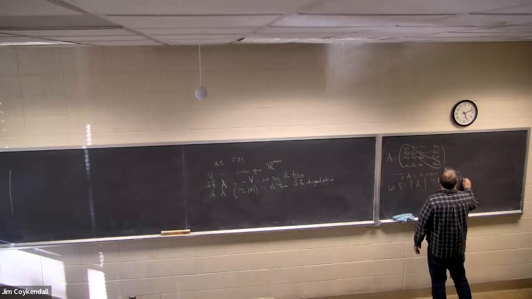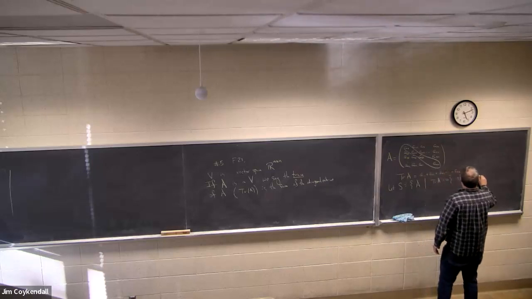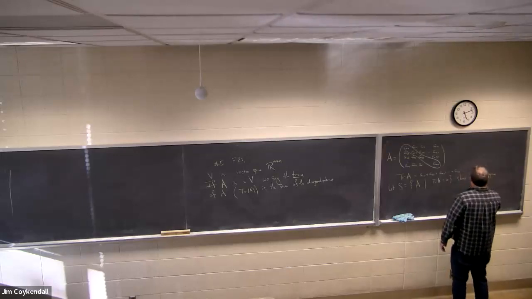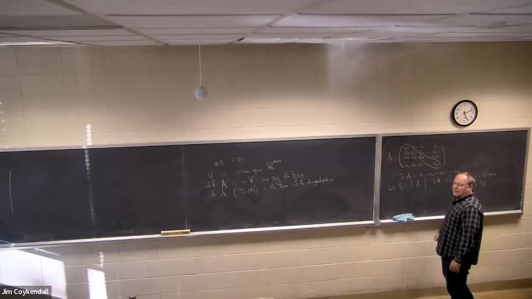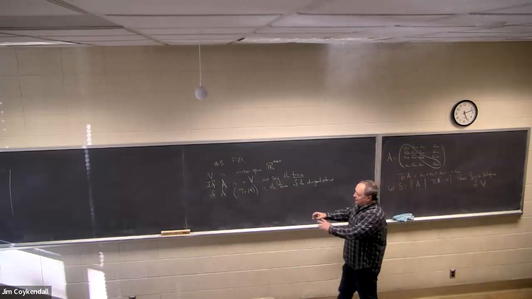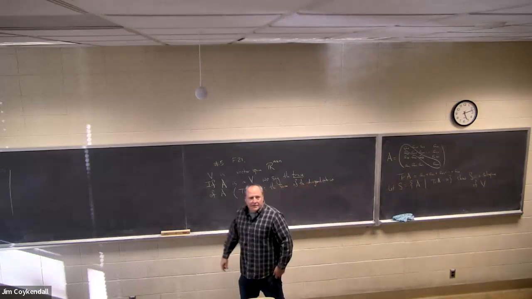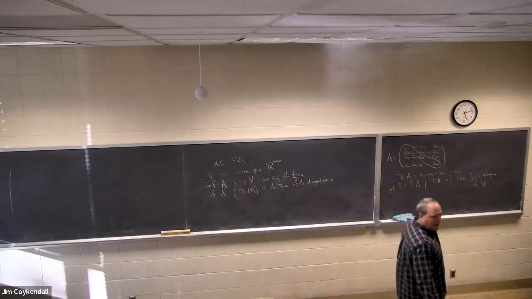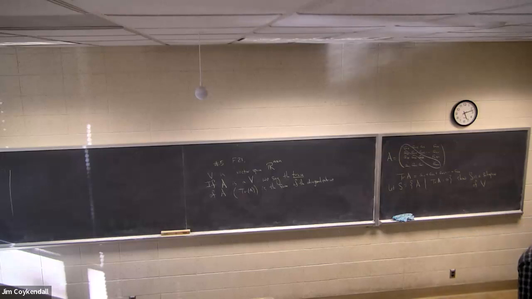Take out of this vector space of all the n by n matrices all the ones that have trace 0. I claim this is a subspace. This is what the problem is asking. What is the burden for us? What do we have to show for it to be a subspace?